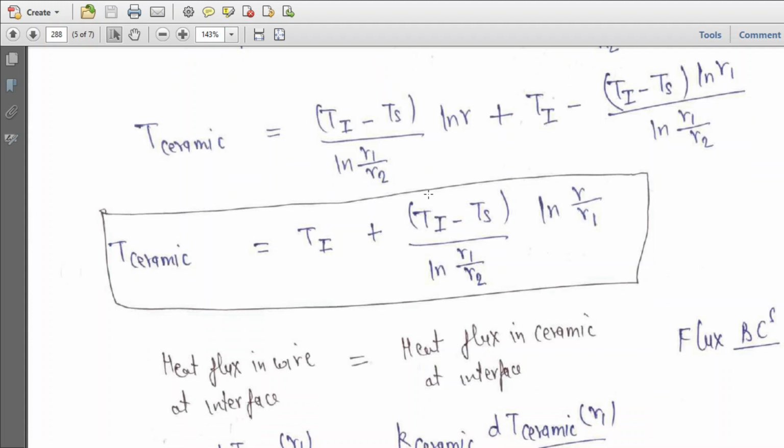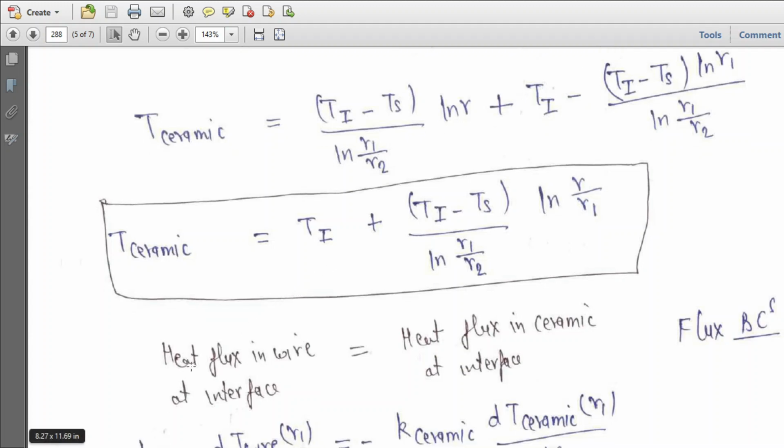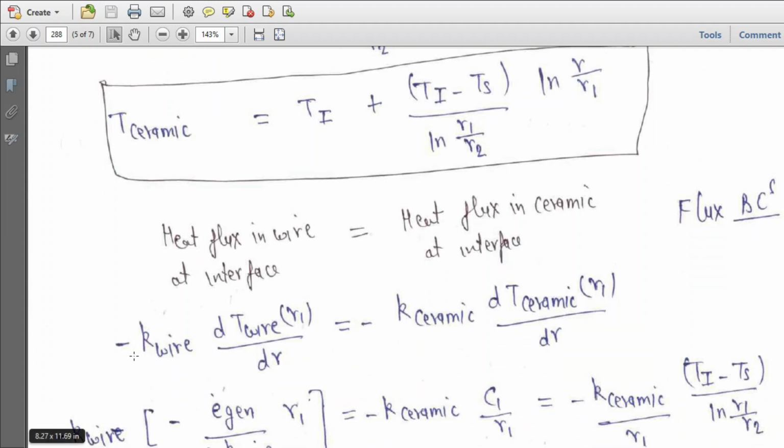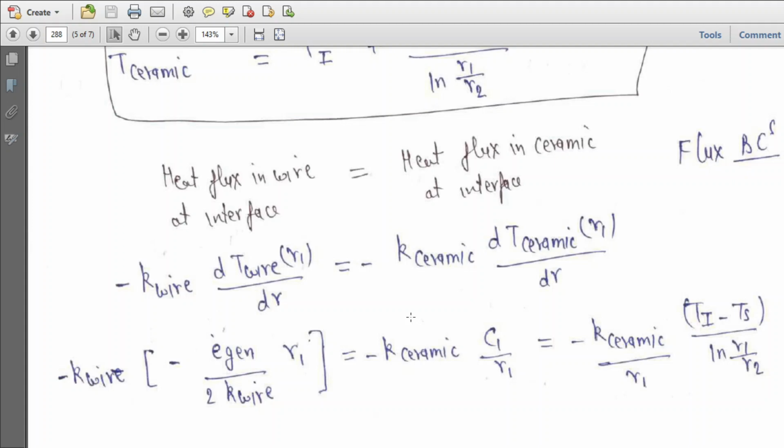Now we have one more condition, the heat flux boundary condition. Whatever heat flux in the wire at the interface would be equal to the heat flux in the ceramic at the interface. So by putting this condition here, minus k wire dT wire upon dr at r equal to R1 equals minus k ceramic dT ceramic upon dr at R1.